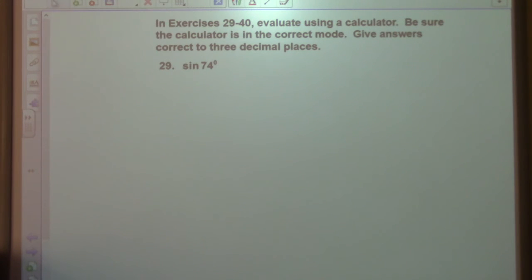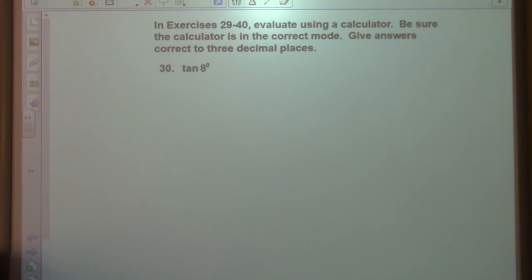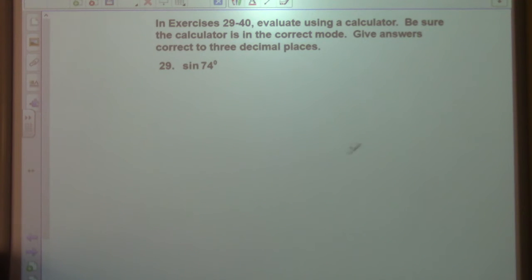Like for this one, number 33, for instance, you can change your calculator into radians and then just enter it. But for 29, it needs to be in degrees. That's going to be easy because you can button your calculator.